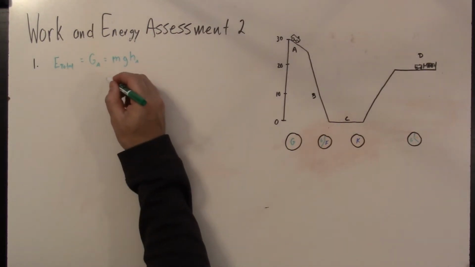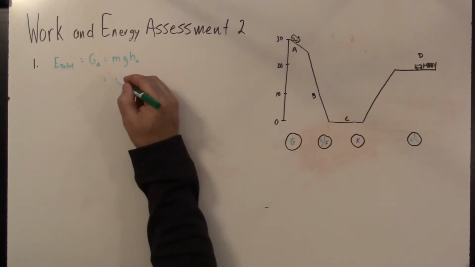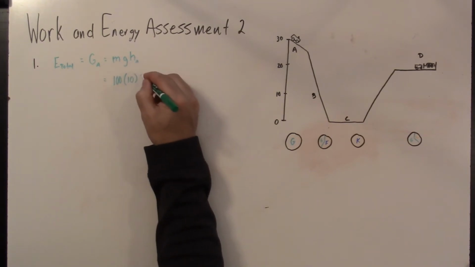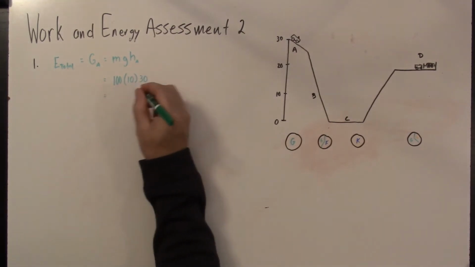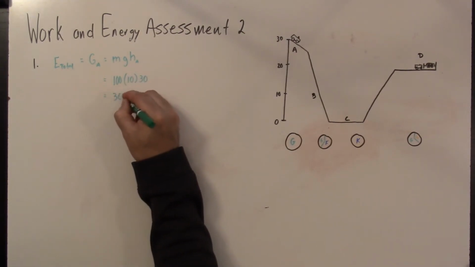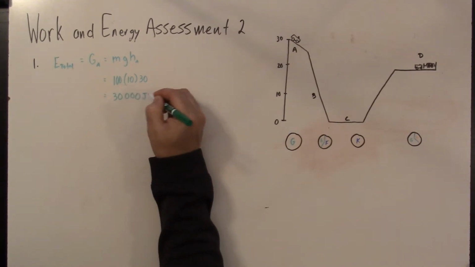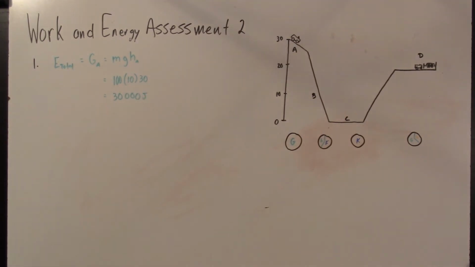If you read the problem, the mass of the cart is 100 kilograms. The g is the gravitational field strength near the surface of the earth, that's 10 newtons per kilogram. And the height, if you look here, is 30 meters. So this is 30,000 joules. And joules is the unit we use for energy.